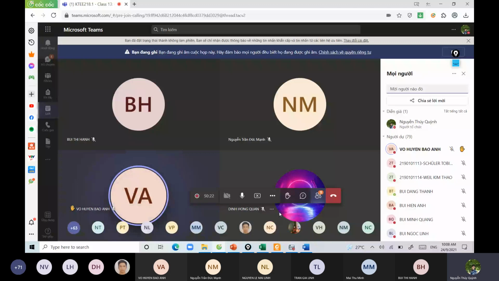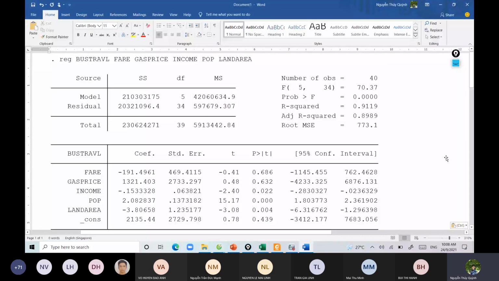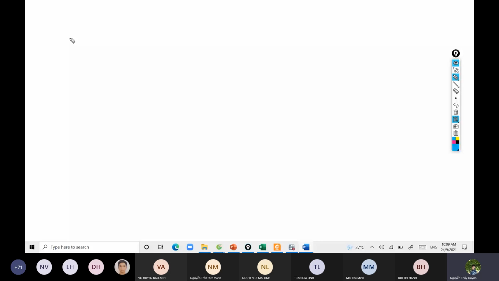Okay, so we want to test for the overall significance of this model. How can we do that? The first step is to state the hypothesis.